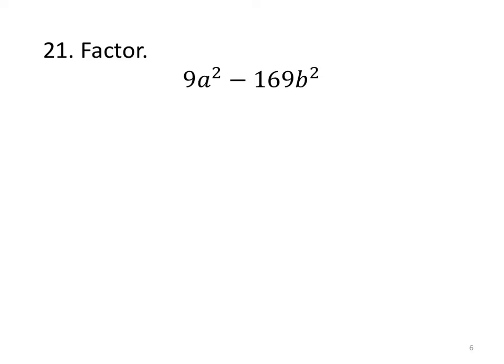So in this case, 169, the square root of that is 13. So you have 13 squared there. 13b, all of that squared. And of course, for your first term, you just have 3a squared. So there's your difference of squares.